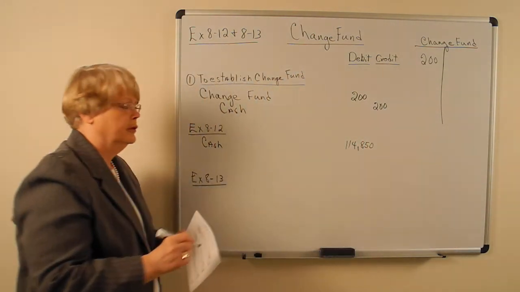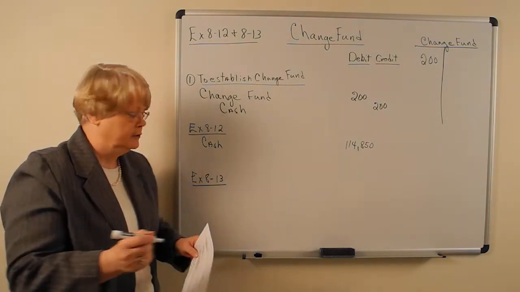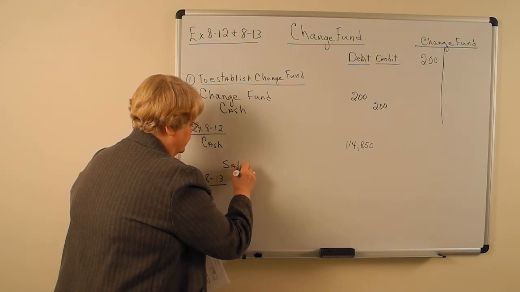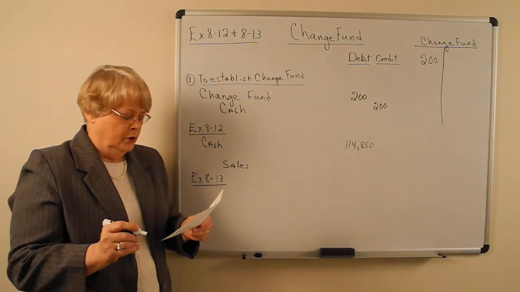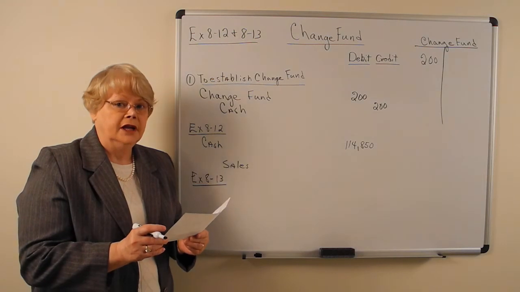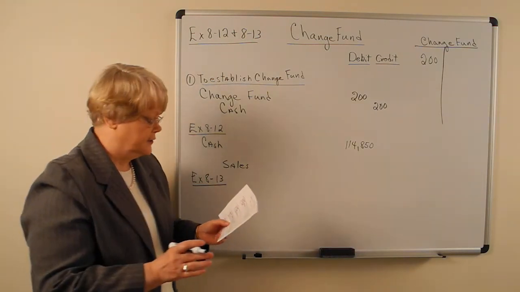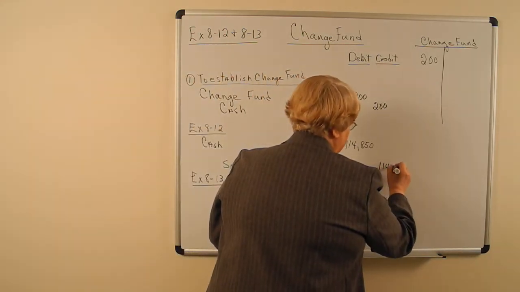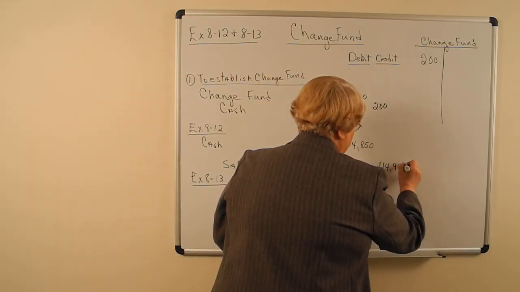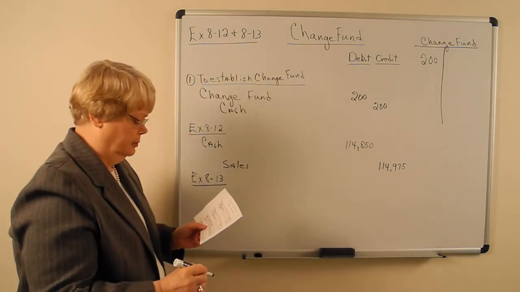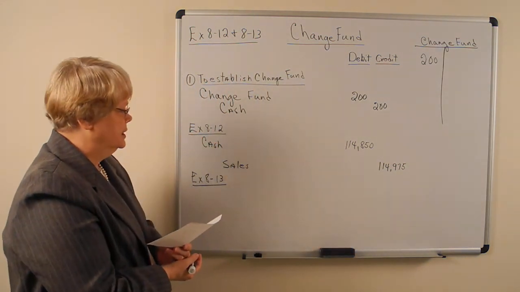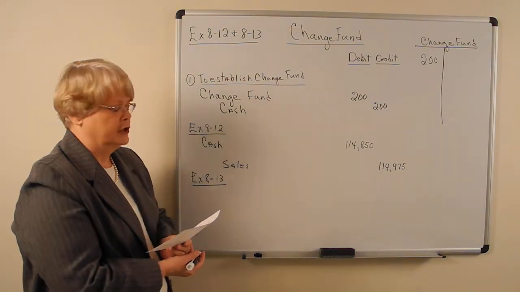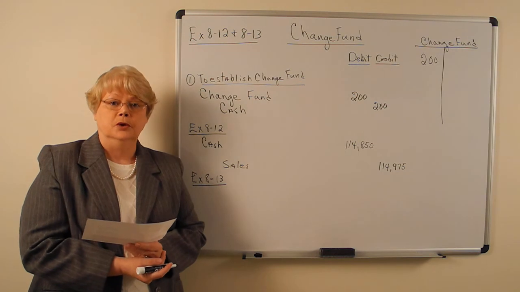Okay, we also know that we're going to credit sales because that's our revenue account. I'm going to leave a little space for any differences here. We're going to credit sales for the total on the cash register tape, which indicates our total sales of $114,975. Okay, when we compare those two amounts, we see that we had more sales than we had cash received, which indicates that we're actually short.